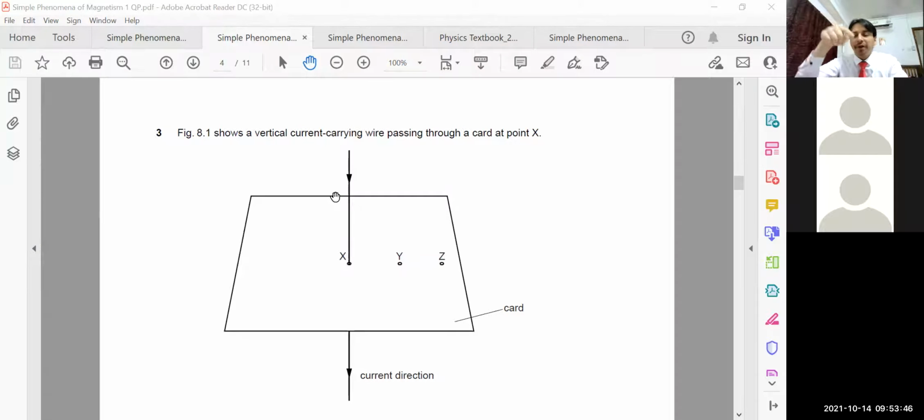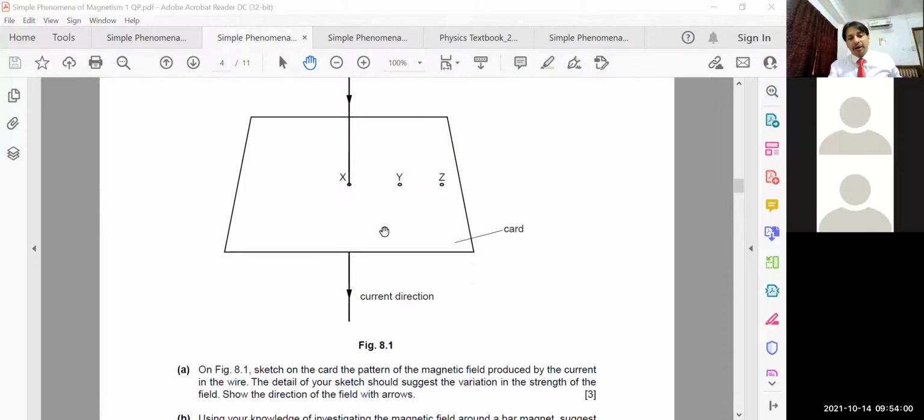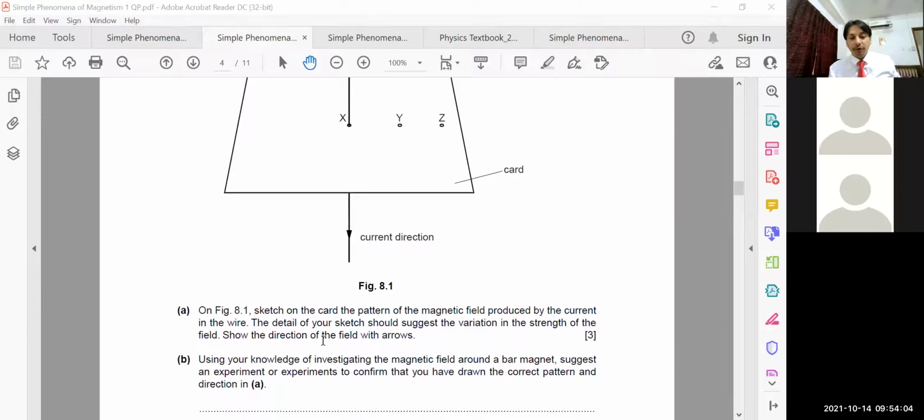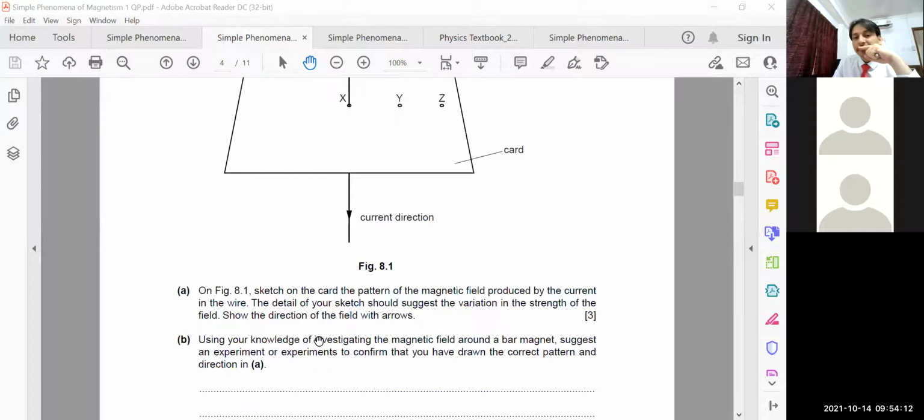Again, they have not given the top view of the current carrying wire, but now they have given a complete diagram. Conductor carrying current in the downward direction, entering into your notebook, means from ceiling towards floor. And on figure 8.1, sketch on the card the pattern of the magnetic field produced by the current in the wire. You have to draw a pattern, children, actually.